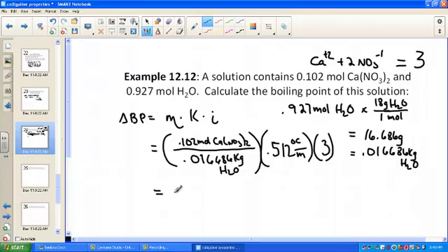What's that new boiling point? Moles of solute, whoops, clear screen, 0.102 divided by 0.016686, almost a ridiculous number of decimals, times 0.512, the boiling point elevation constant for water, times the van't Hoff factor of 3.